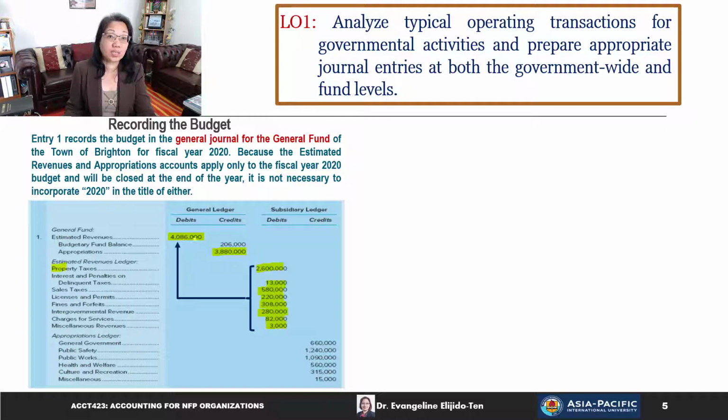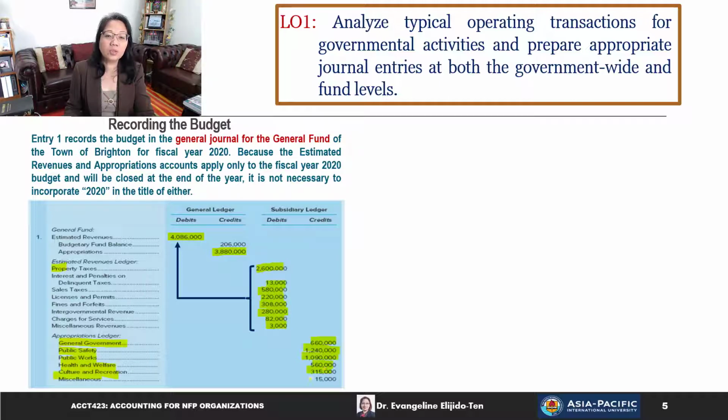And then there are the appropriations for each of these different areas. General government, for example, they might appropriate 660,000 as given in this example. For public safety, they are appropriating 1,240,000. For public works, 1,090,000, and so forth and so on for each of these different areas.